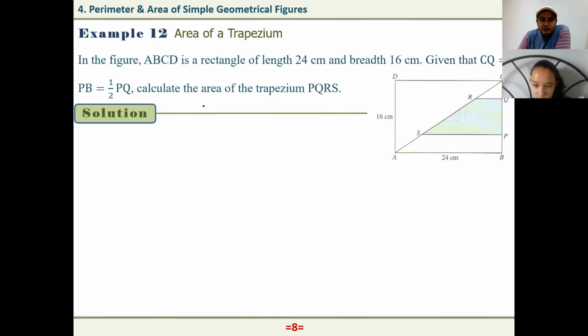Given that CQ equals PB, let me use it right here, CQ equals PB. And it says that it is half of PQ. If this one is PQ, that is half of PQ. What does it mean? Let's say CQ equals X. If CQ is X, also this will be X. Then what will be the length of PQ, Shahina?